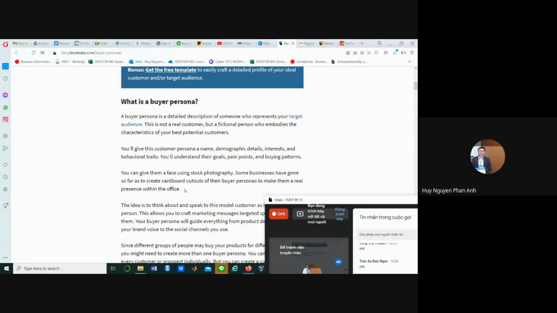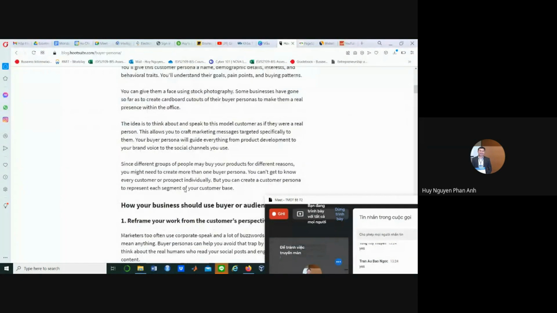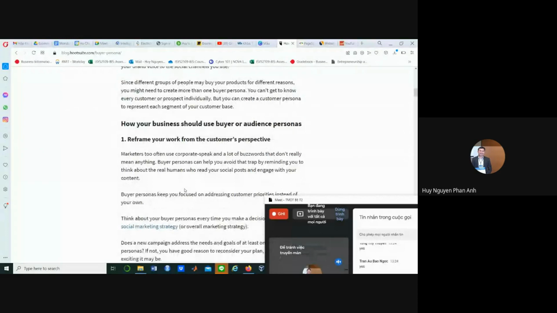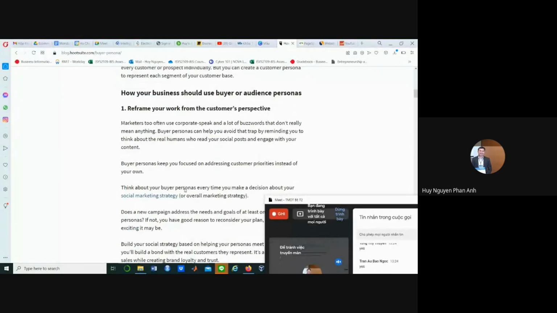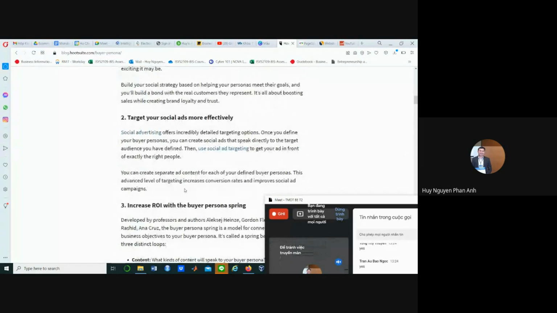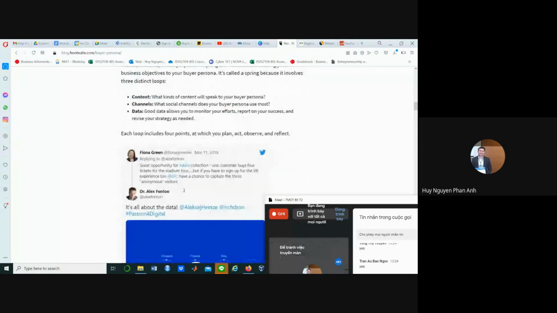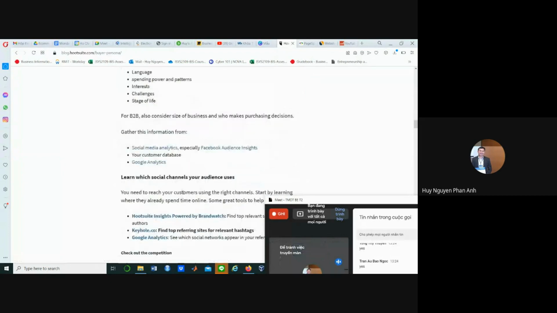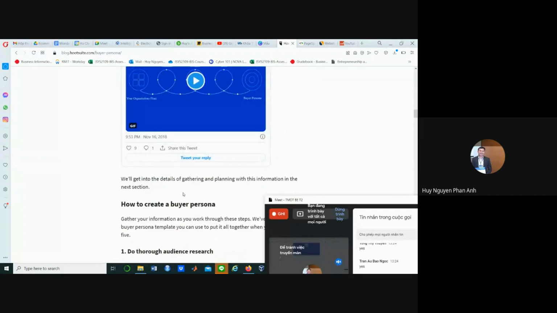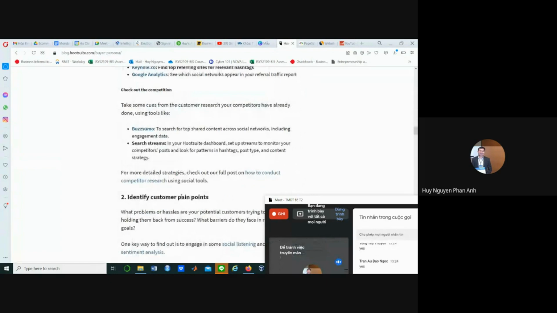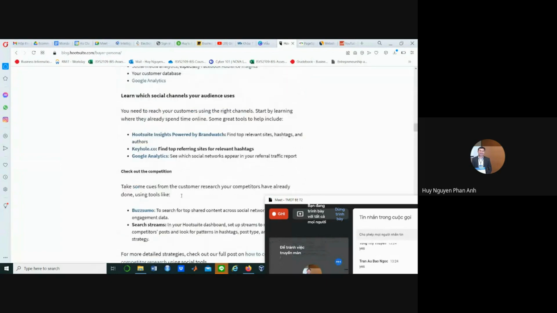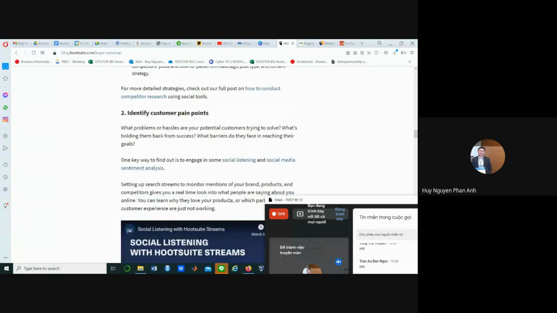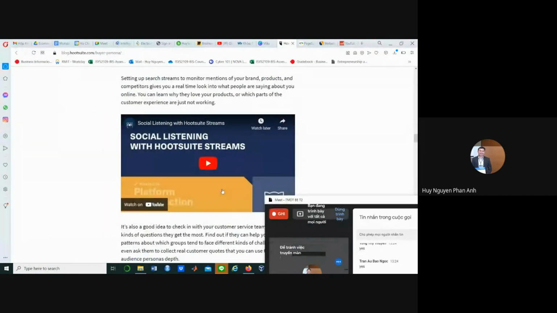This is just a fictional person, so you can use the buyer persona to define your target. Maybe you can use other tools too. I just give you Hootsuite over here, so you can use Hootsuite to create the buyer persona, or you can use another template.